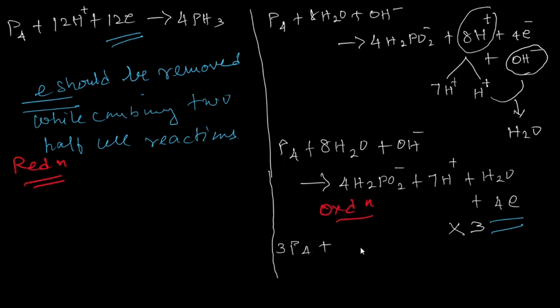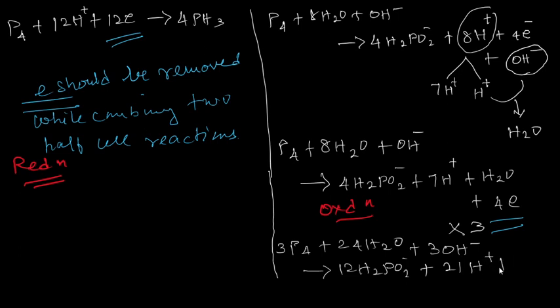If we multiply it by 3, we'll get 3P4 plus 24H2O plus 3OH minus ions gives 12H2PO2 minus plus 21H plus 3H2O plus 12 electrons.